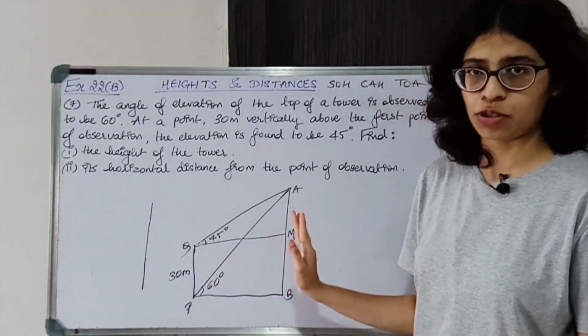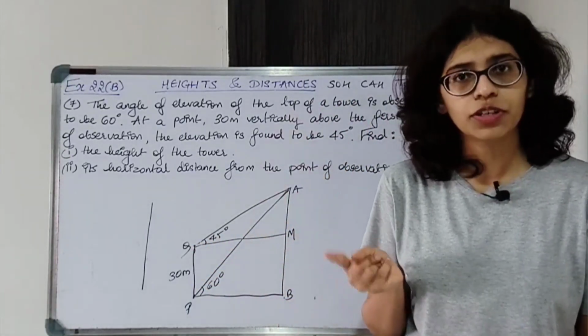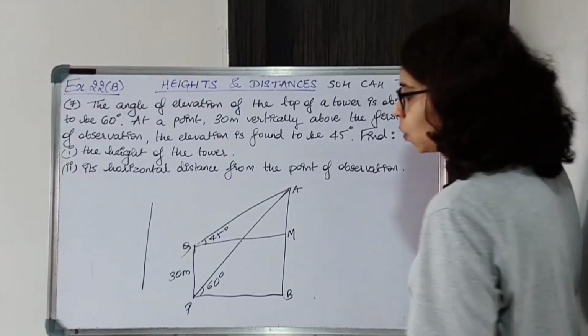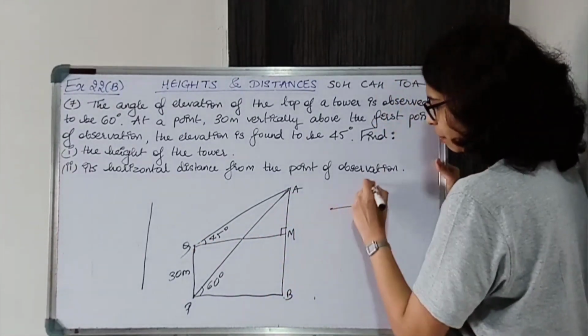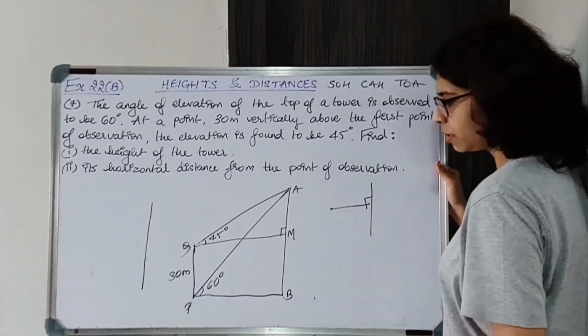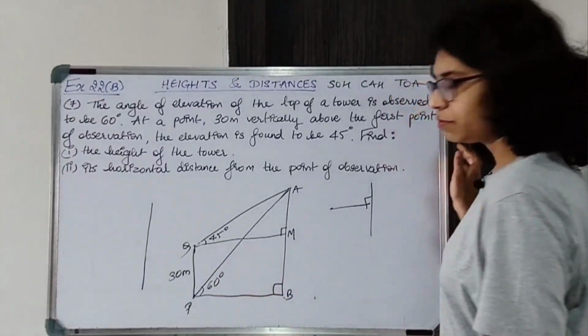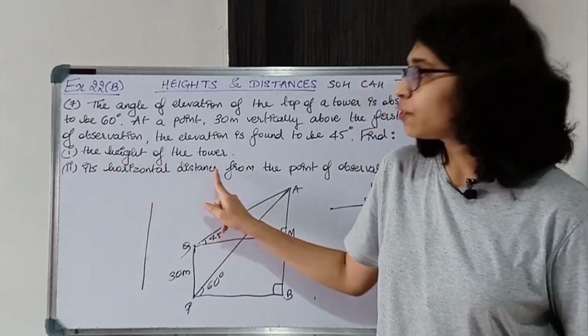For the angle of elevation we need a horizontal, so you construct the horizontal. This is the horizontal, this is the vertical line, so obviously this will be 90 degrees. The sleeping line and the standing line are perpendicular. This is also perpendicular. Now we have to find the height of the tower in the first part.